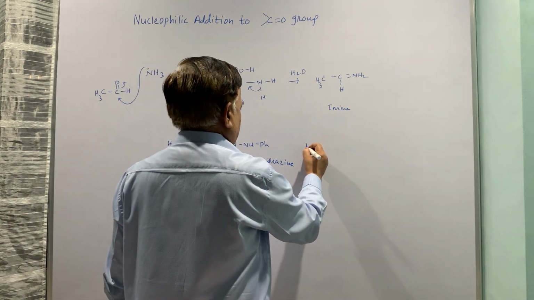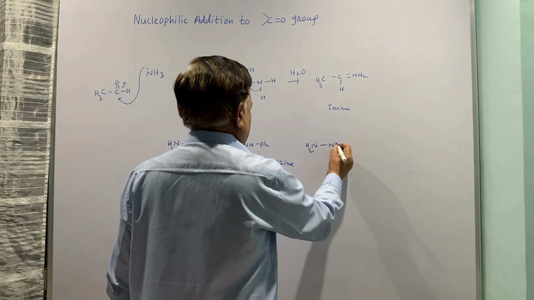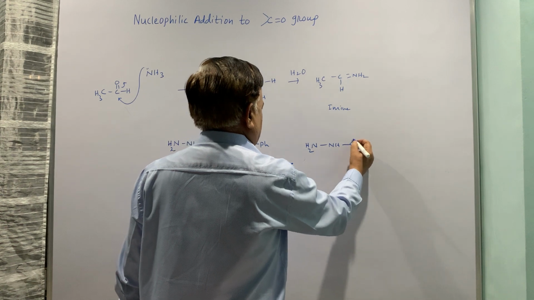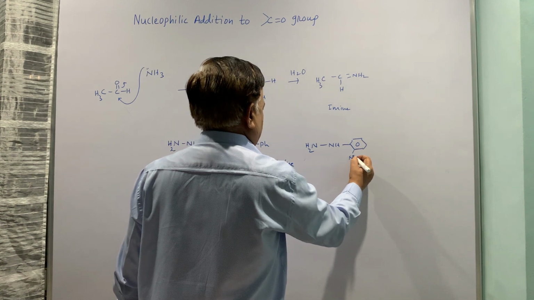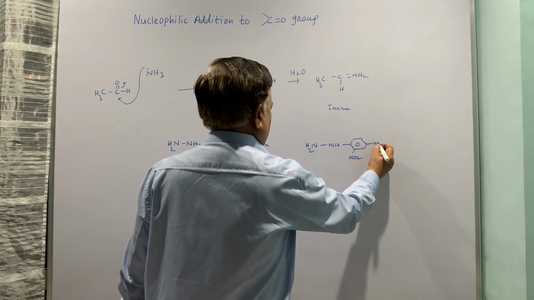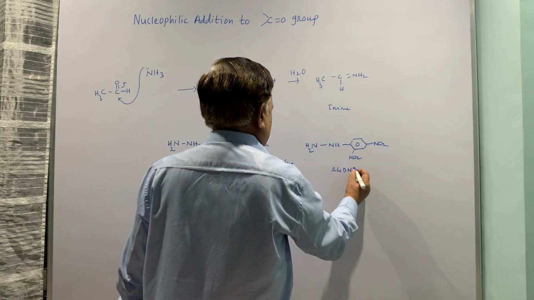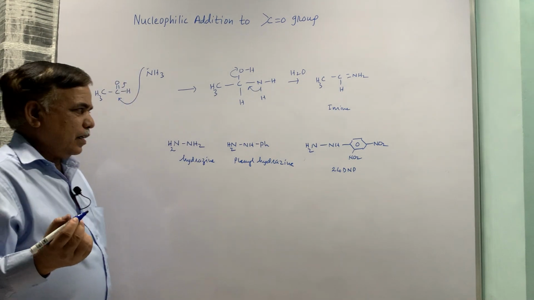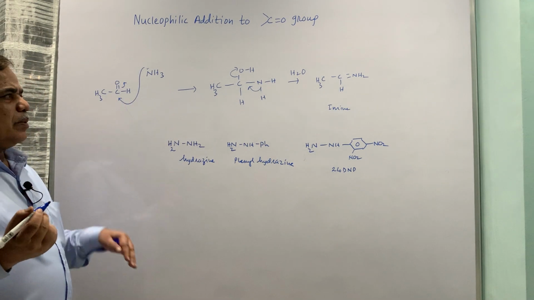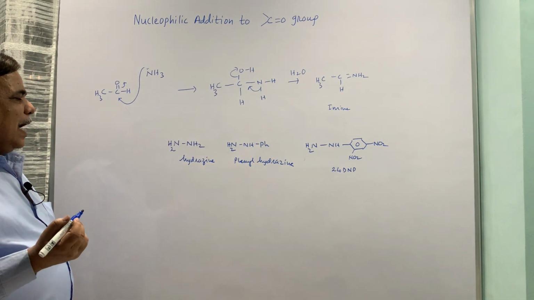The other compounds are also there, like if this ring is substituted by nitro at 2,4 position, then this becomes your 2,4-DNP, 2,4-dinitrophenylhydrazine, and the corresponding derivatives will be hydrazones.